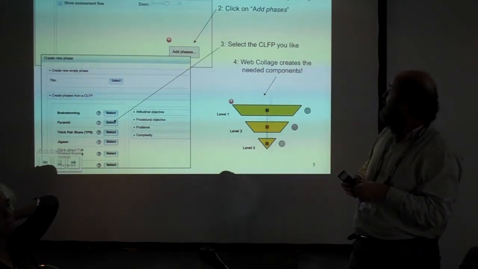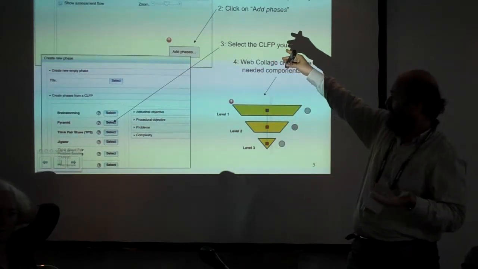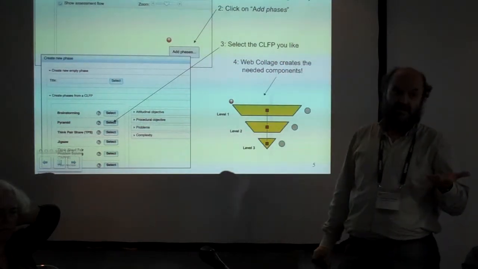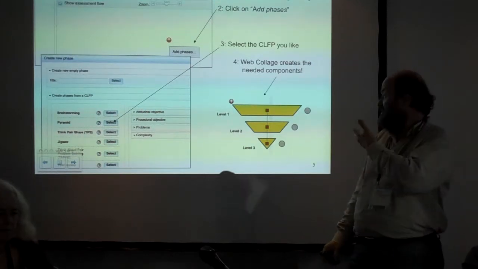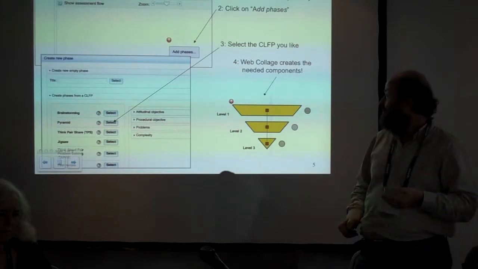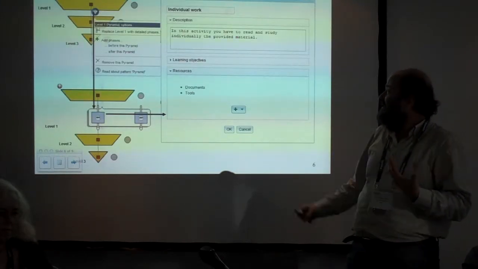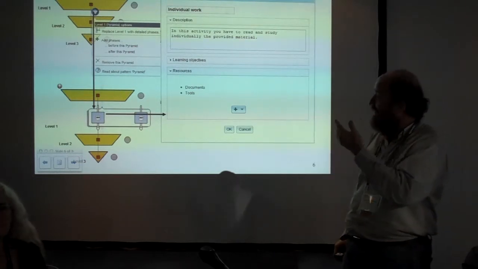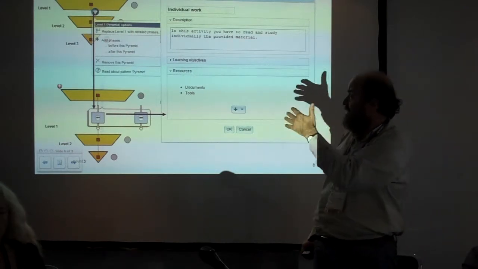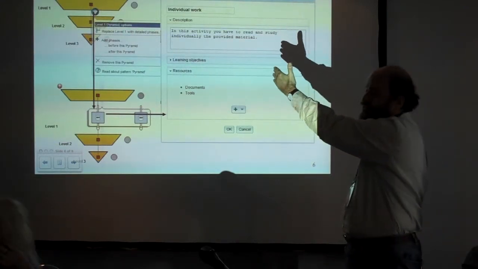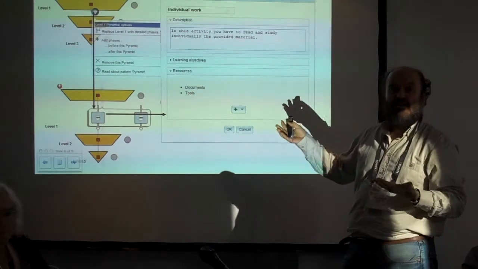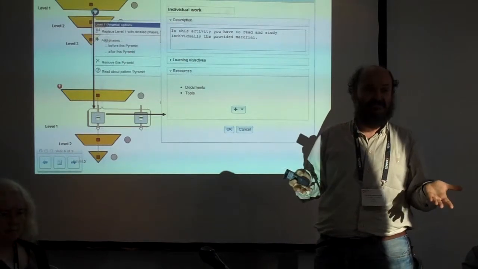In this case, if we have to define the learning activity, we select one of the patterns, in this case the pyramid pattern, and as you can see we also have the learning flow, like the swim lanes that Gronia presented before, where we can see what goes on from one phase to the other, and then we can define what the activities are by themselves.